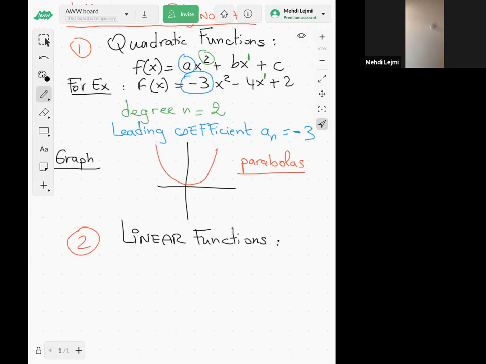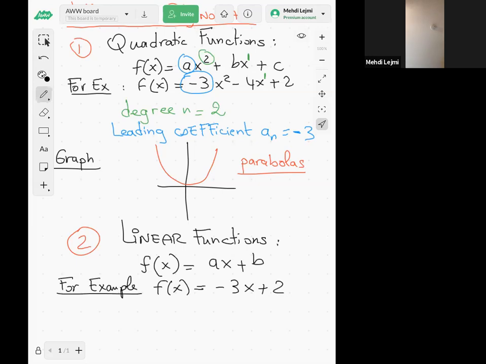Linear functions are functions of the form ax plus b. For example, f of x equals negative 3x plus 2. For linear functions, the highest power of x is x to the power 1.